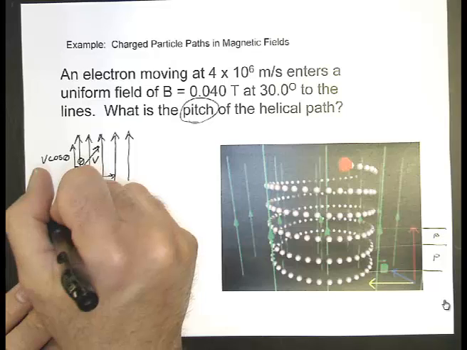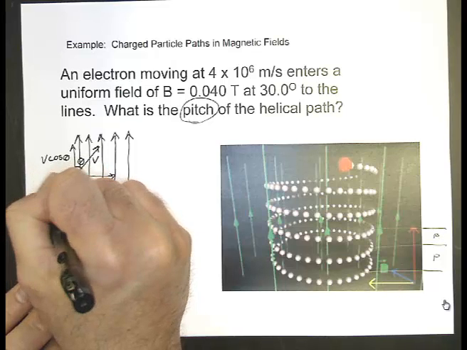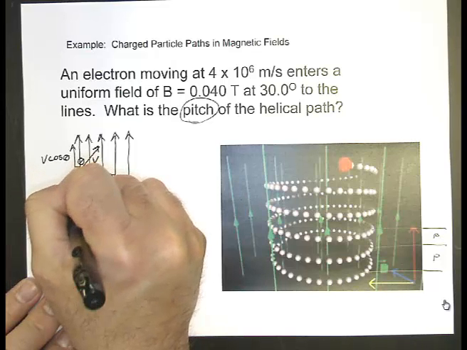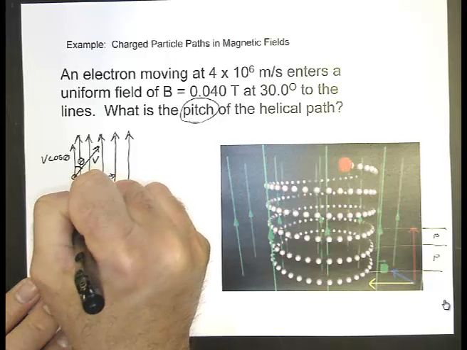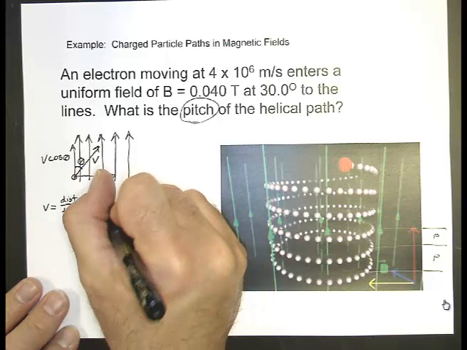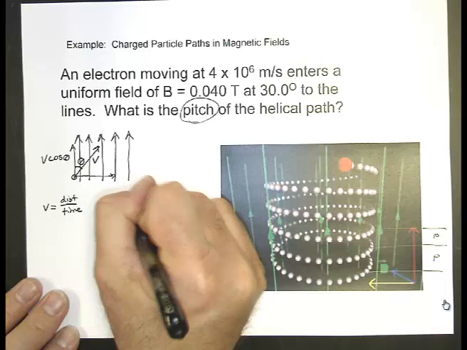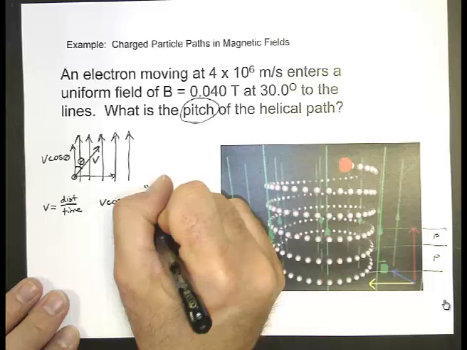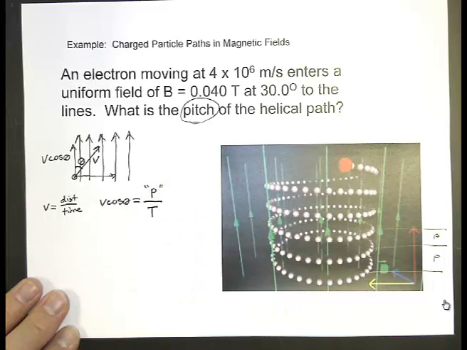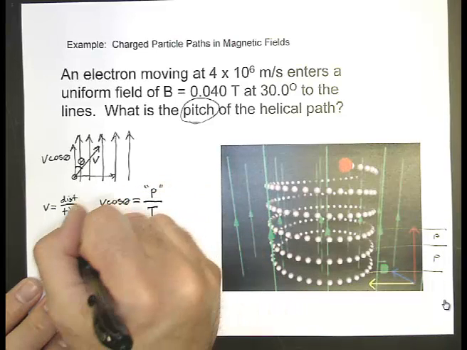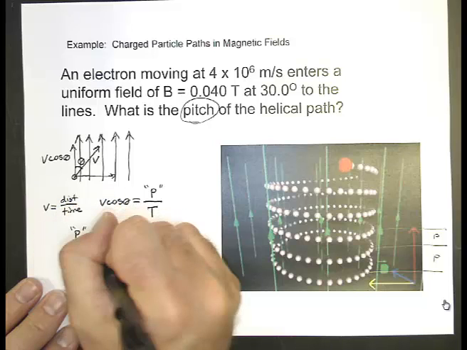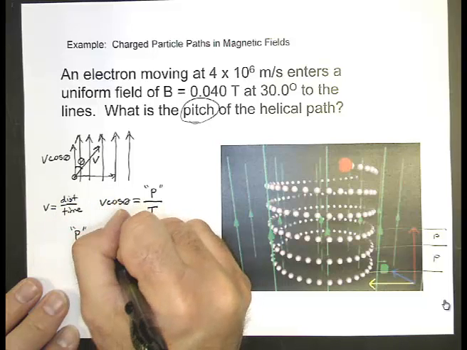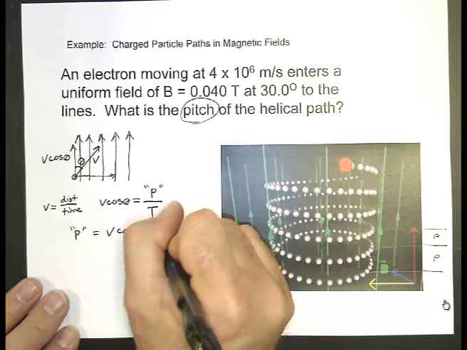So if we say velocity is just distance over time, this v cosine theta is equal to this pitch divided by the time it takes to make one circle. So this pitch is equal to v cosine theta times t.